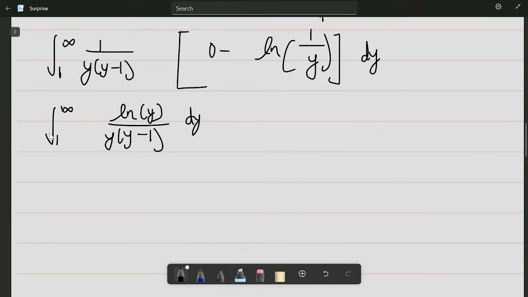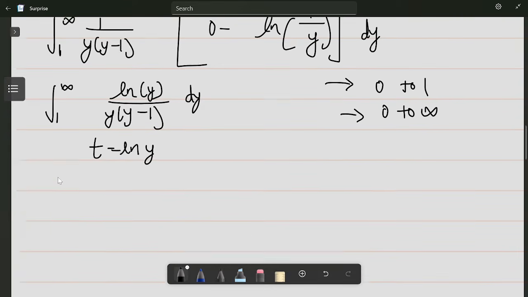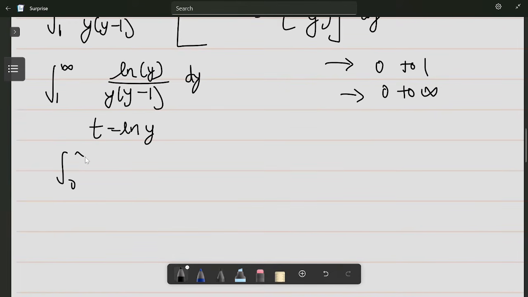Now if you want to make it go to 0 to infinity or 0 to 1, we can do it either way. Both of them will work. For 0 to infinity, let's say t is ln y. If we do that, this will go from 0 to infinity, and it will be t by, now 1 by y dy will be dt, and we will have e to the power t minus 1.